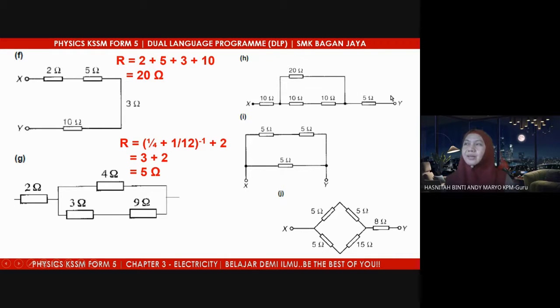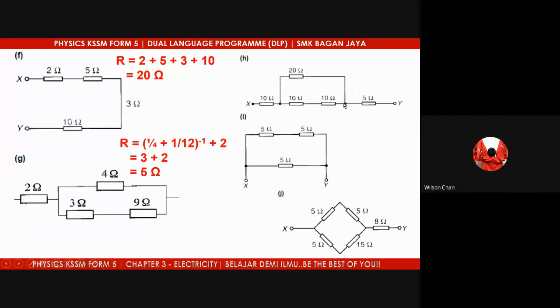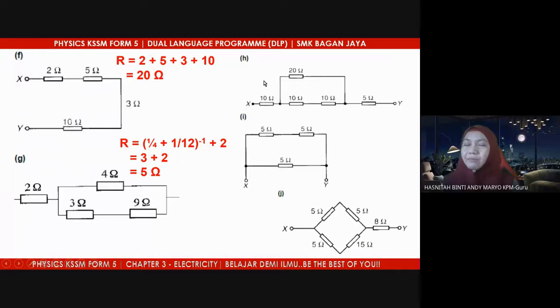Okay, try H. How to read this circuit? Ini combination. We have the first resistor 10 ohm and then this is the first junction, 20 ohm up there parallel with this 10 and 10 ohm and then in series with this 5. So you have to settle this junction first. So down here 10 plus 10, 20.